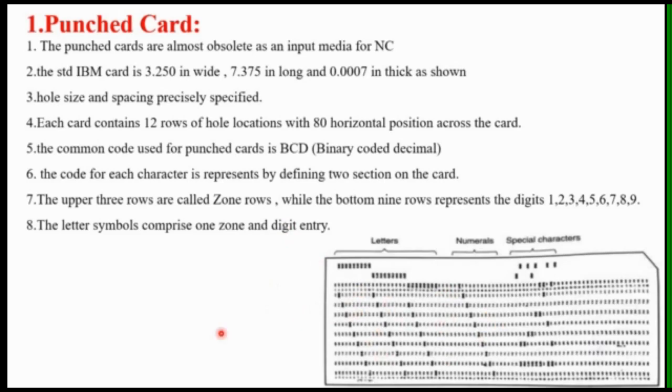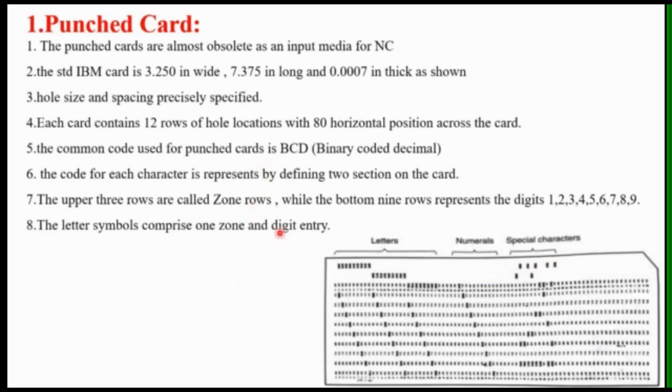Similarly, the code for each character is represented by defining two sections on the card. Again we can see here, the first section is used for the letters, then this section is used for the numerals, and this is for the special characters, if any.